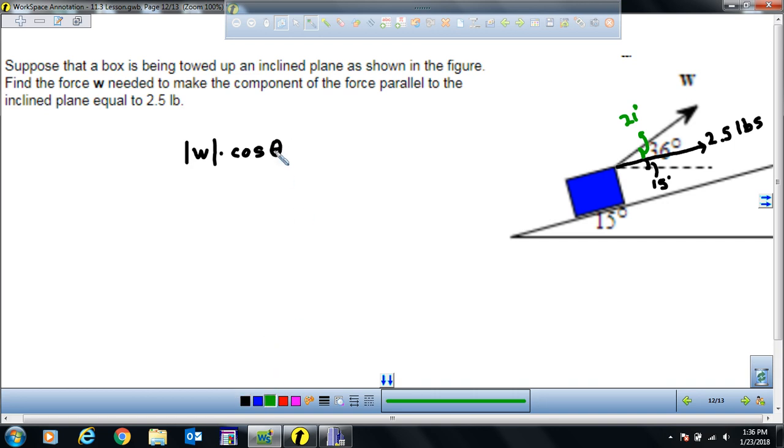In this case, that angle between the horizontal component and the vector is 21. That should give me this horizontal component, which we already know is 2.5 pounds.